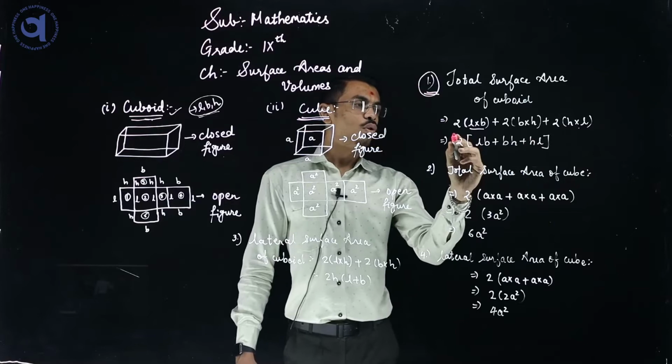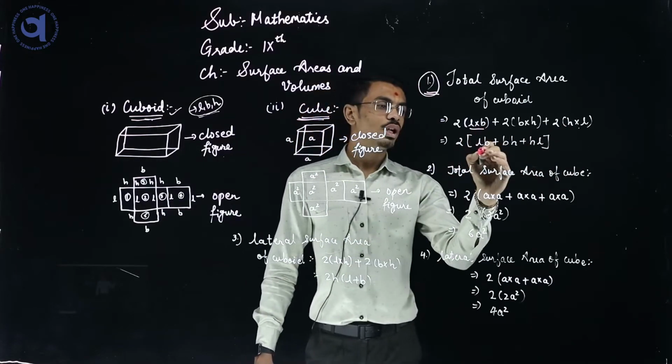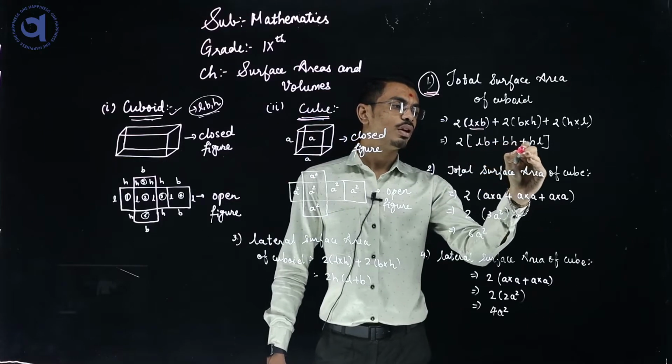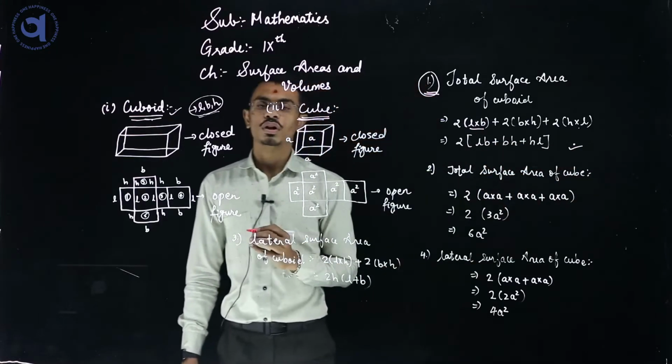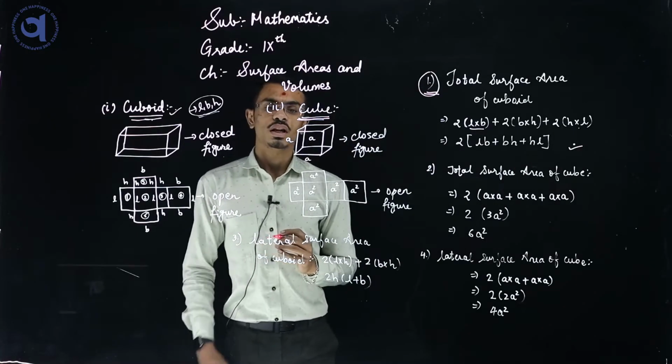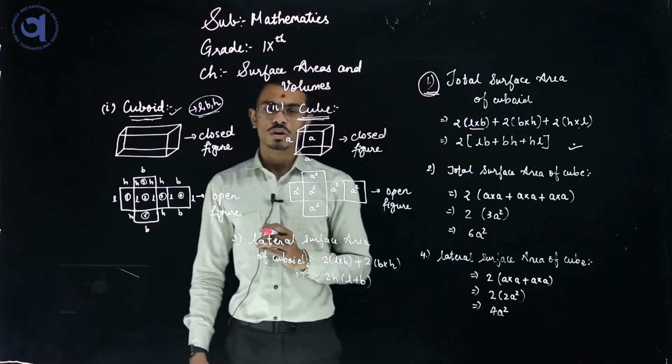Lastly, taking 2 common from each bracket, this becomes 2 into (LB plus BH plus HL). So this is the total surface area of a cuboid. Total surface area means we have to cover the whole figure from outside and inside both ways.